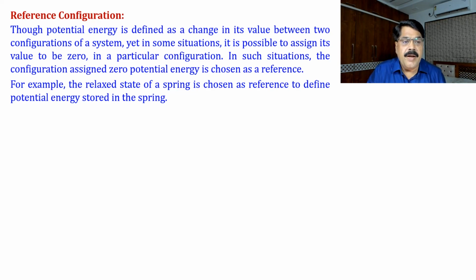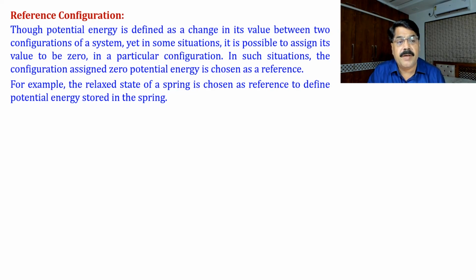Now, for any deformation, whether compression or elongation, say by amount x, how much energy is stored in the spring? Half kx squared. Actually, it is the change from the relaxed state. To the relaxed state we assign 0, but we can assign some other value, say u naught. When the spring was relaxed, say its potential energy is u naught. I am assigning not 0, but some value u naught.